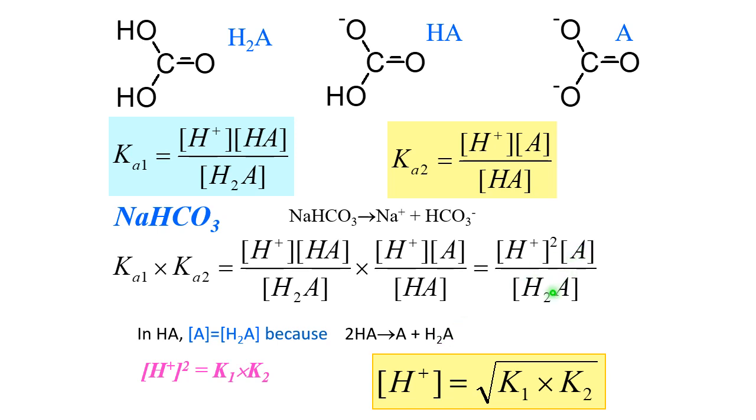So this and this is the same. As a result, I have H plus square equal to K1 K2, or taking a square root, the concentration of hydrogen ion is the square root of the first constant multiplied by the second constant.